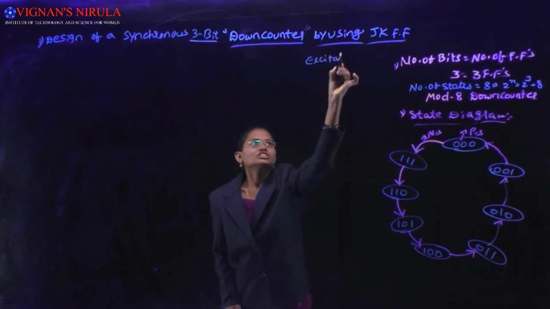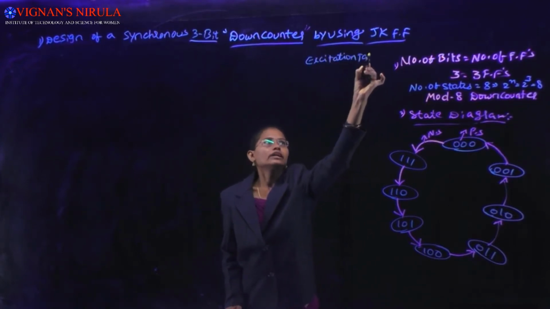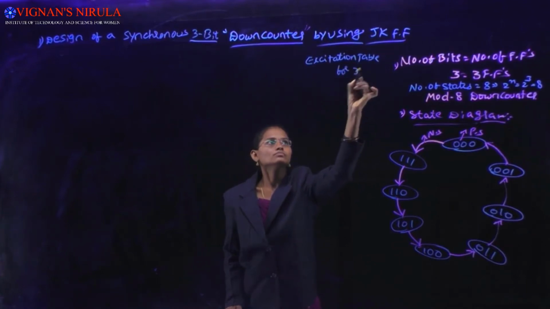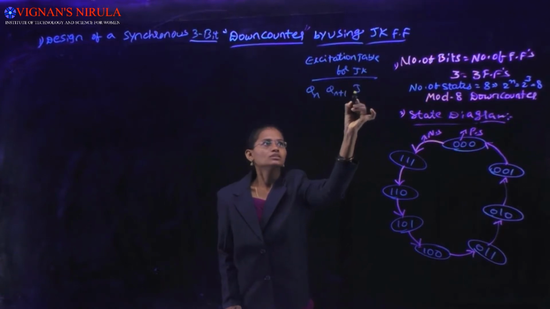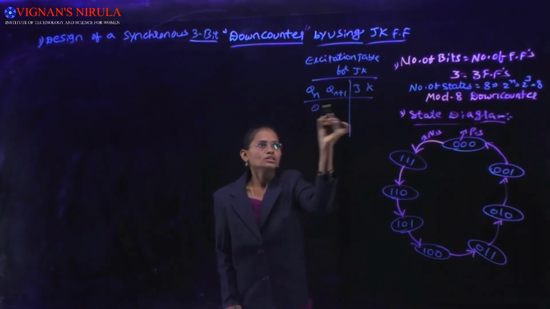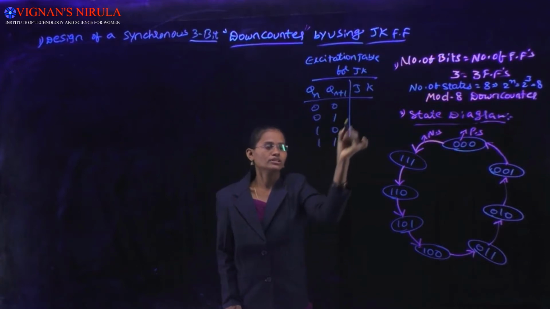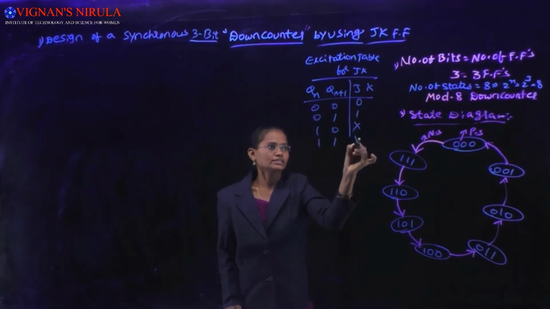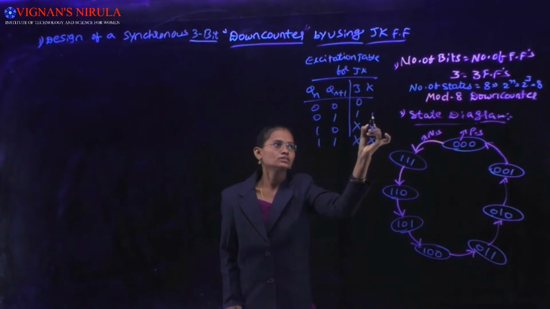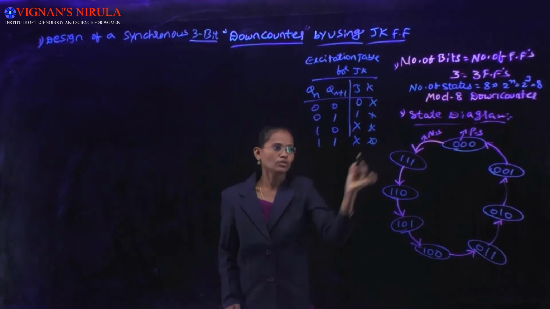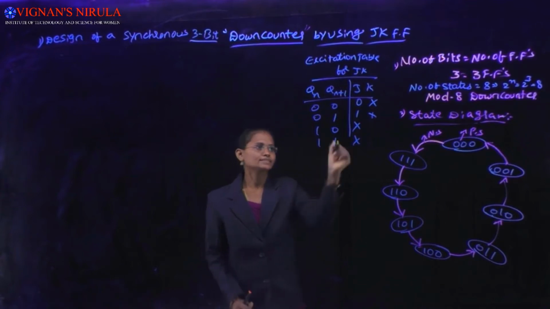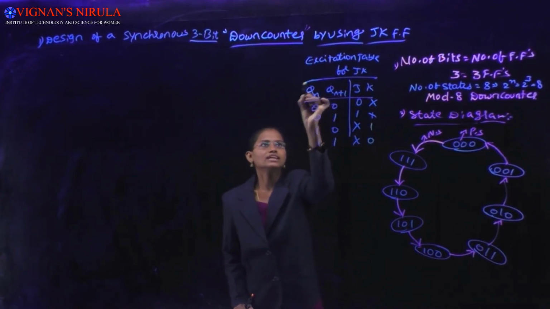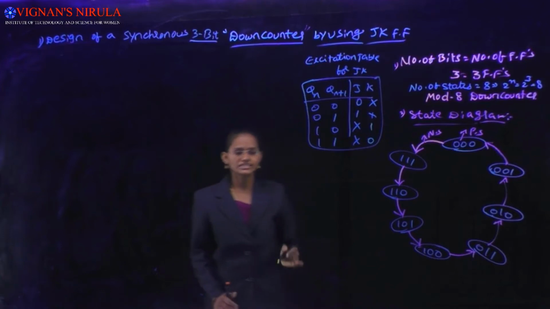So the excitation table for JK: Qn, Qn plus 1, J, K: 0 0 0 X, 0 1 1 X, 1 0 X 1, 1 1 X 0. This is the excitation table for the JK flip-flop.